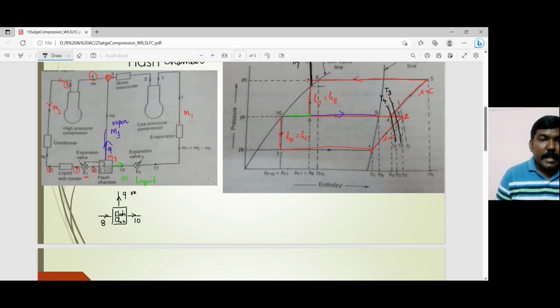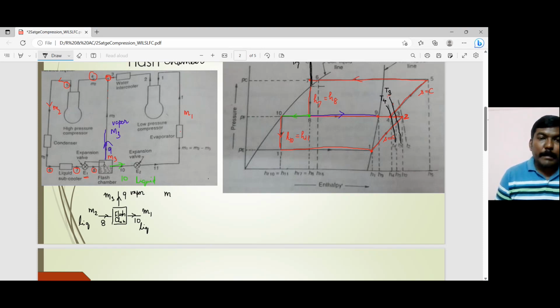In this case, this one which is leaving is a vapor, this one which is leaving is a liquid, and what enters here is also a liquid. And what enters here is from the condenser, so the mass is M2. What goes to the evaporator has a mass M1, and what goes to the high pressure compressor is mass M3.